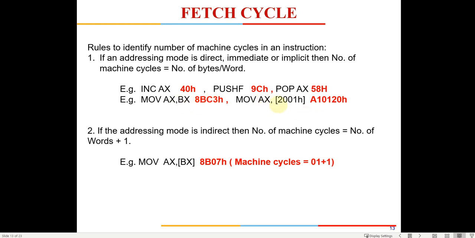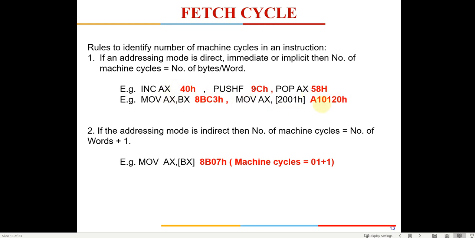This is an instruction MOV AX, and then we have specified a memory address here. This has 3 bytes of information, so it is going to take 2 machine cycles to get this information into the BIU. These are all direct addressing.